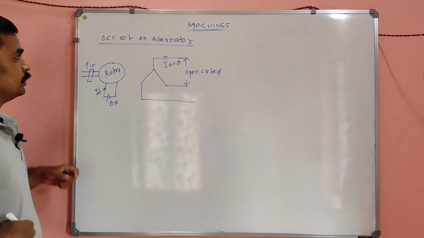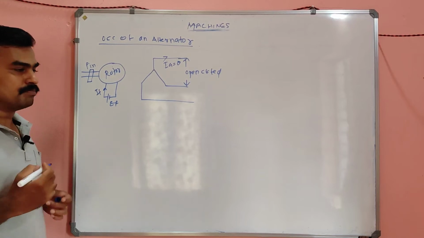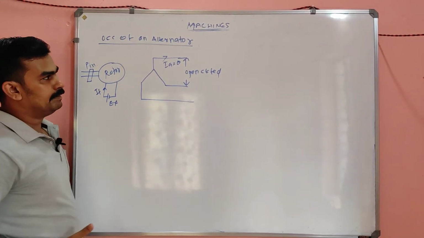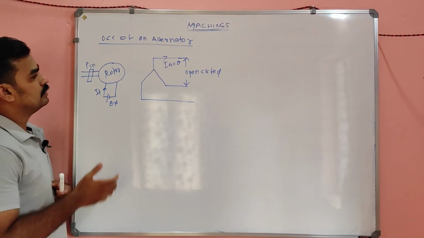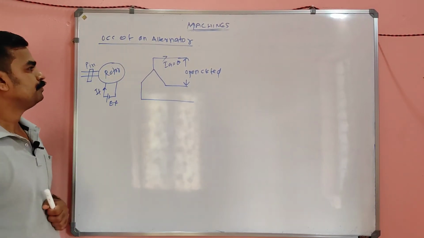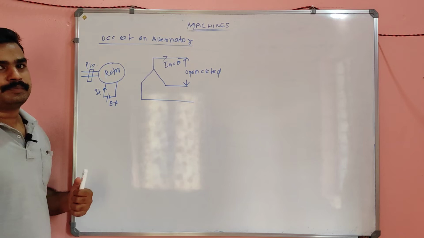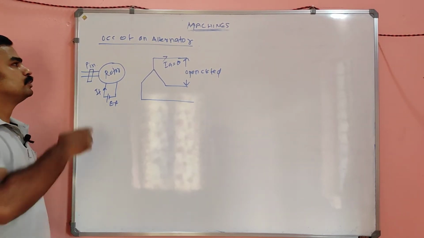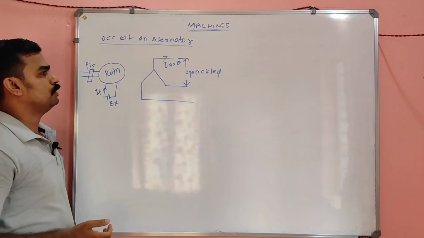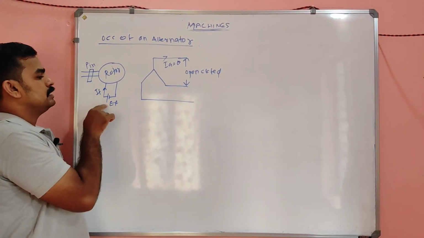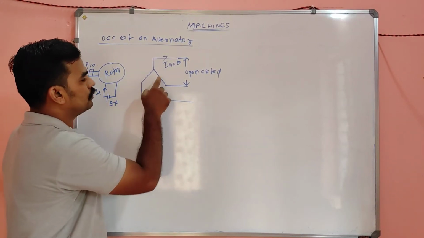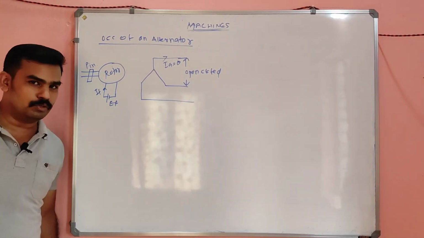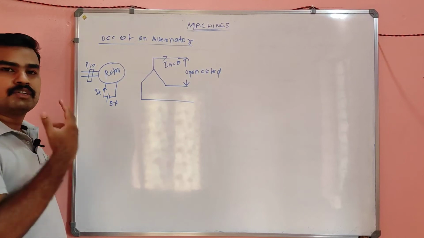So, open circuit characteristics means, my dear, suppose this is the rotor and this is the stator. In the generator, we are giving mechanical power to the rotor. That is only the active power. So P input is the only active power that you are giving. And this is the field excitation, and this is the stator from which we are taking the output voltage, correct? And that is normally star connected.